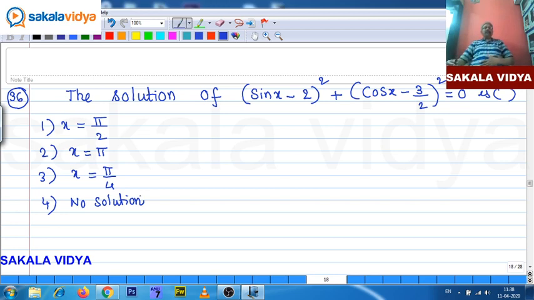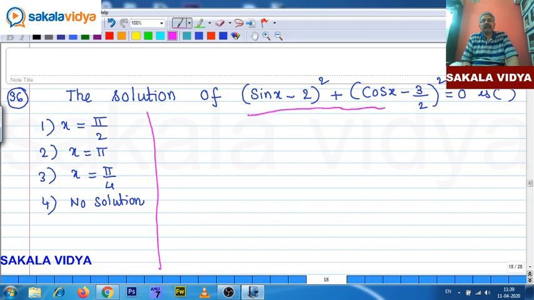Let us think. The solution of sin x minus 2 whole square plus cos x minus 3 by 2 whole square is 0. So we have one concept in algebra.